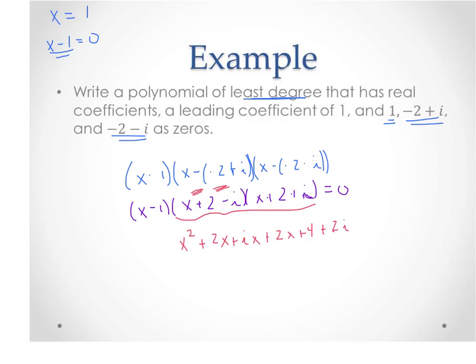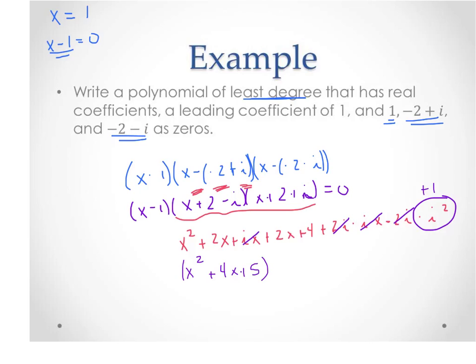And then multiplying the negative i, we're going to get negative ix minus 2i minus i squared. Okay, and some of this should cancel: ix and a negative ix, and a positive 2i and a negative 2i. And remember, i squared equals negative 1, so a minus i squared turns into a plus 1. So we're looking at x squared plus 4x plus 5.